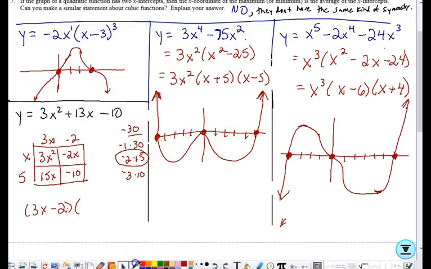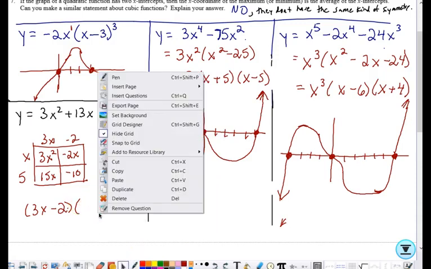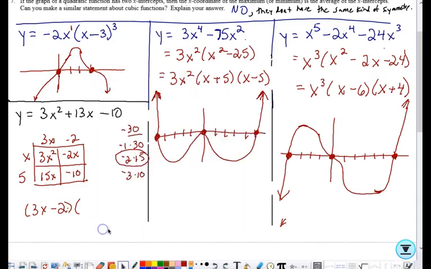Come on, pen, hang in there. We're almost done. Don't glitch on me now. X plus 5 equals 0. So our roots are going to be x is 2/3 and negative 5.